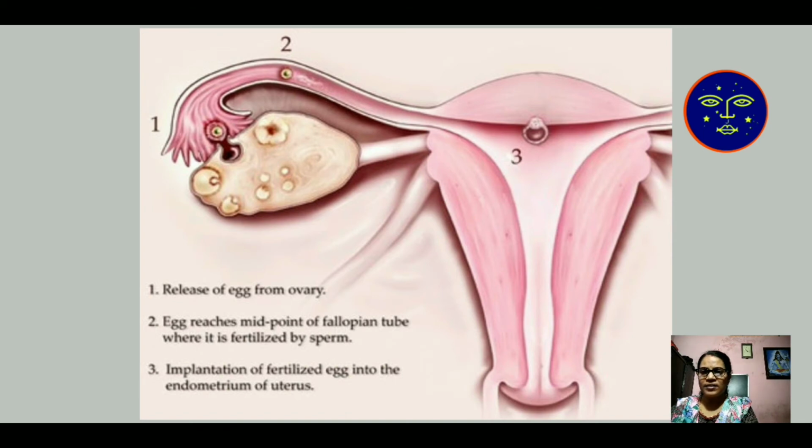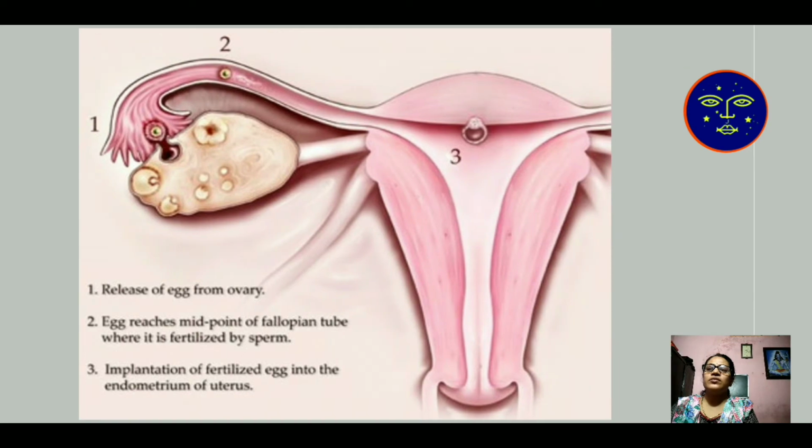The egg reaches the midpoint of the fallopian tube where it is fertilized by sperm, followed by implantation of the fertilized egg into the endometrium of the uterus. After fertilization occurs in the fallopian tube, the zygote moves and stays inside the uterus.